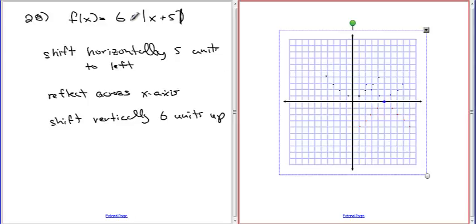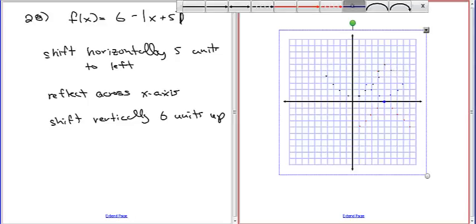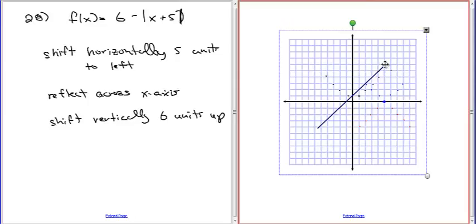And then shift it up 6 units. So we go 1, 2, 3, 4, 5, 6. It's there. And we just follow the same. And let me use green instead. So green goes down diagonally. So our final function looks something like that right there. And that right there.